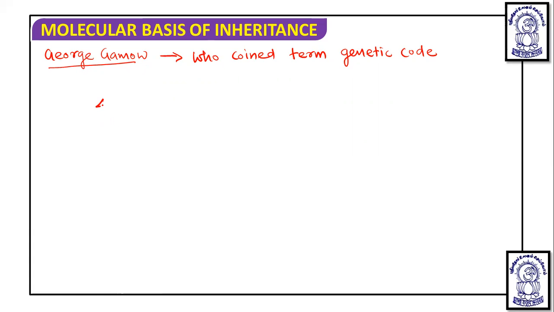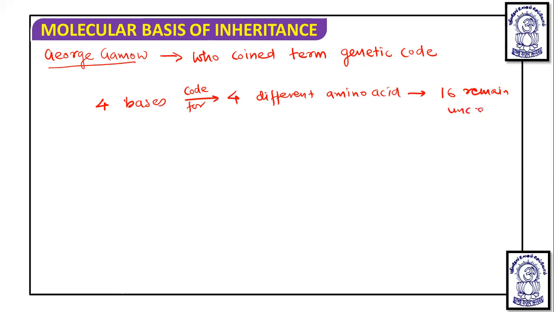If we talk about the four nitrogenous bases, they can code for a maximum of four different amino acids. Then 16 out of 20 remain uncoded. So it is not easy to say this is a correct proposition.